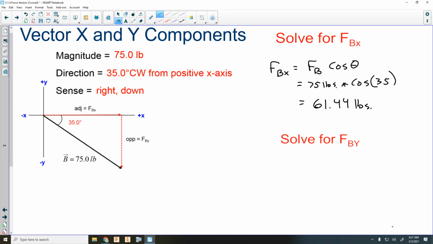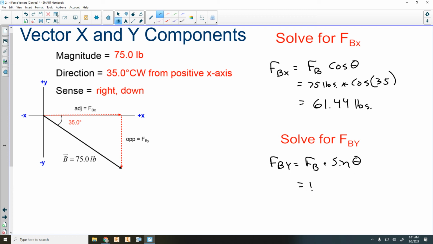And solve for the force of B in the y direction. The force of B in the y direction is the force of B times the sine of the angle.